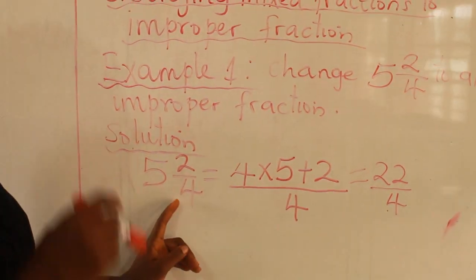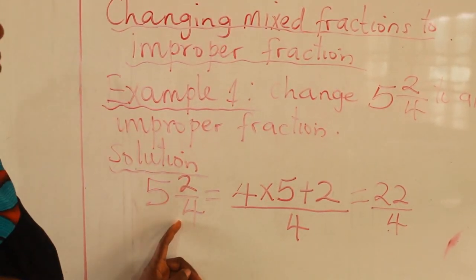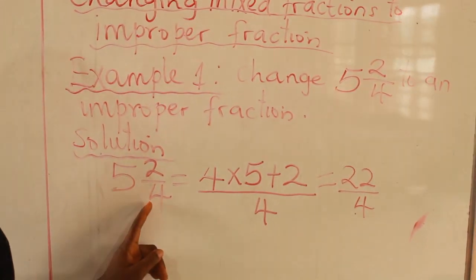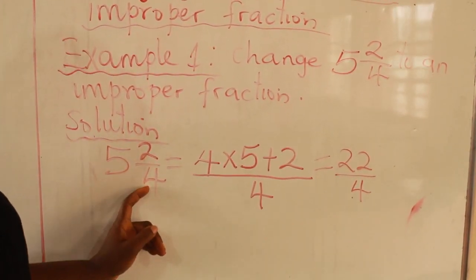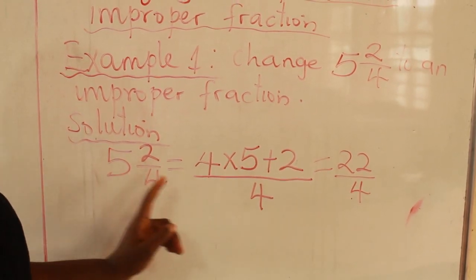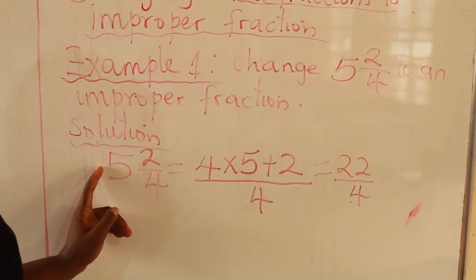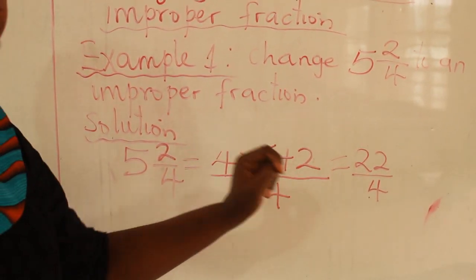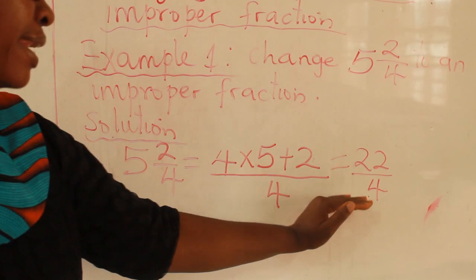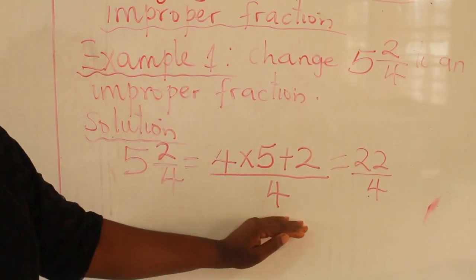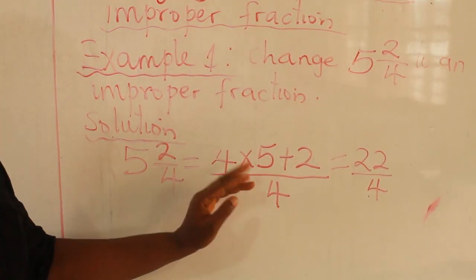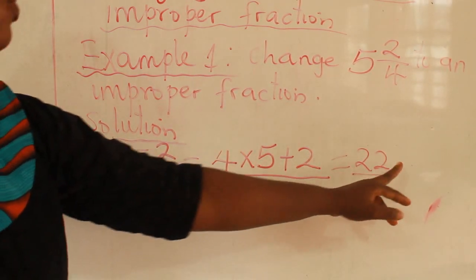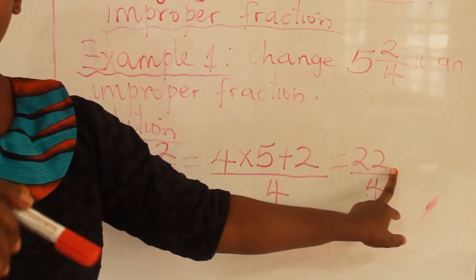When you are changing your mixed fraction to an improper fraction, you start with your denominator, multiply the denominator by the whole number, and then you add your numerator. Put your dividing line and then all over 4. You now multiply, add it up. Product of this, sum of this will give you 22 over 4.